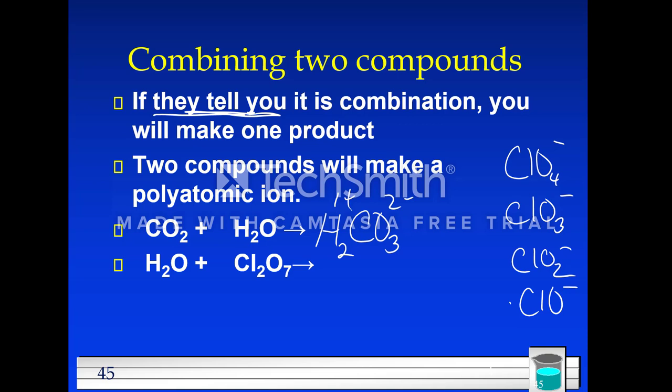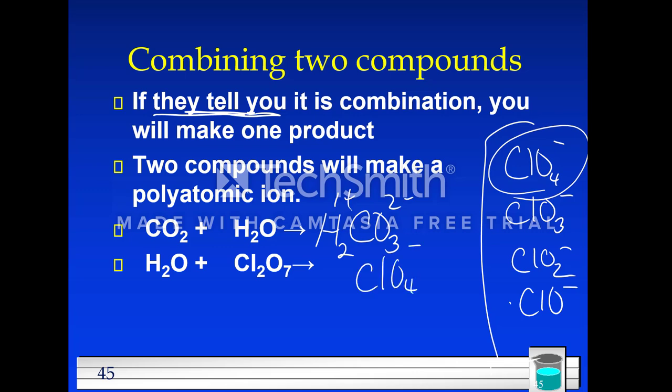And I have to pick one. Okay? If you look at the things, how many Cl's do I have? 2. How many O's do I have? 8, right? So which of these makes sense for 2 Cl's and 8 O's? The ClO4 makes sense for 2 Cl's and 8 O's, right? It's the same ratio. So I put ClO4 with a 1 minus.